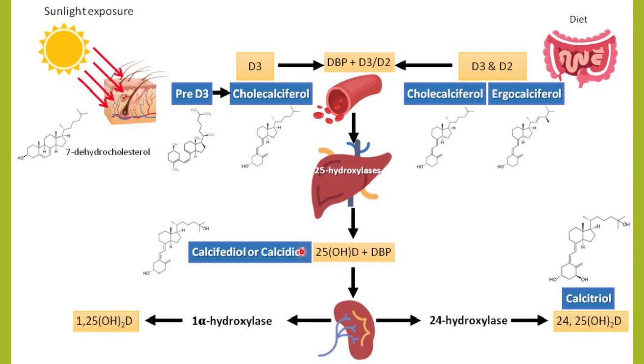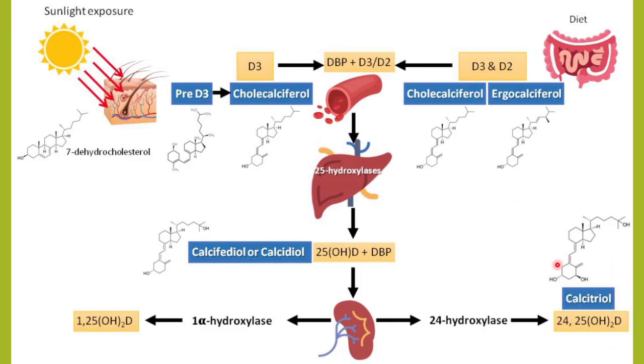This enters the kidney, and with the help of 1-alpha hydroxylase another OH group is added, and this becomes calcitriol. So calcidiol becomes calcitriol. The triol has three hydroxy groups and the diol has two hydroxy groups. The active form is calcitriol.